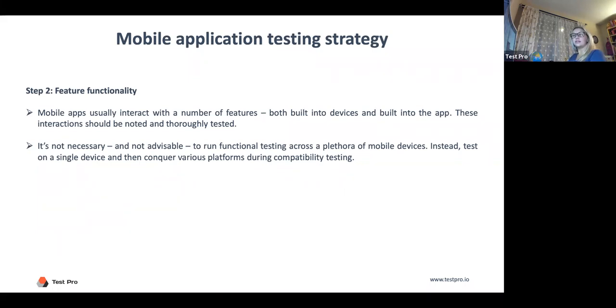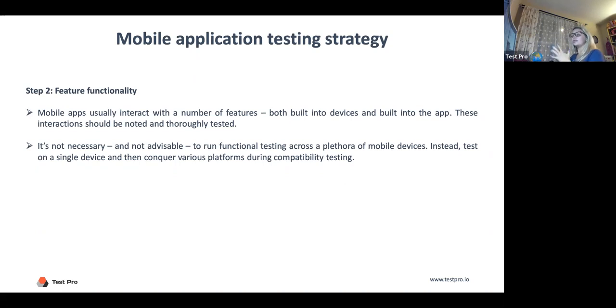It's not necessary and not advisable to run functional tests across a lot of mobile devices at first. I'm talking right now about feature functionality. For example, for a new feature, we definitely have to test across all devices, but first you can test the main functionality on two devices: one Android device and one iOS device.